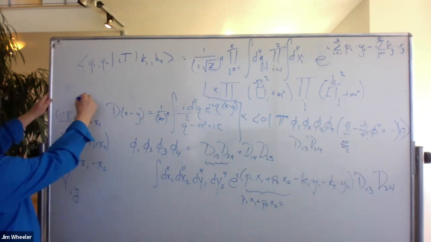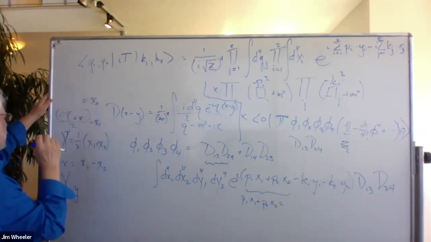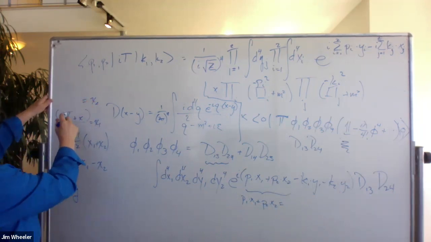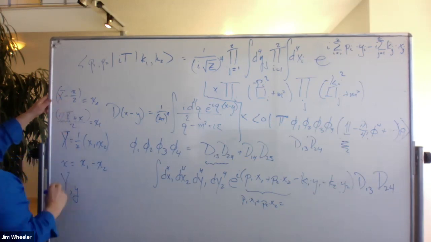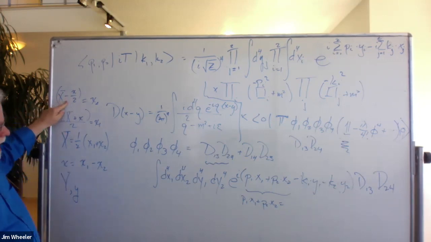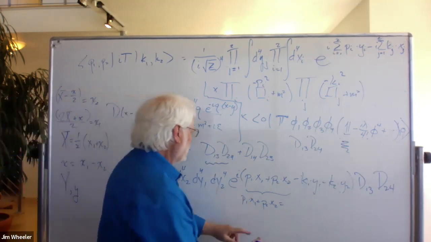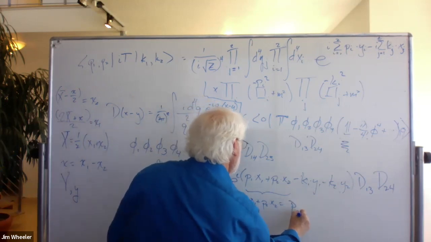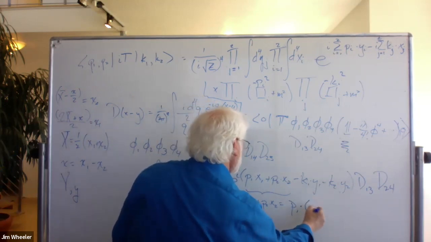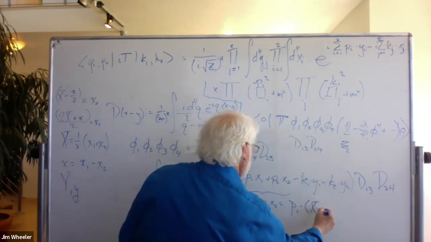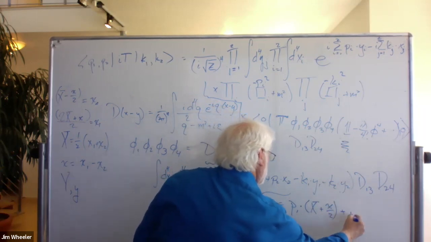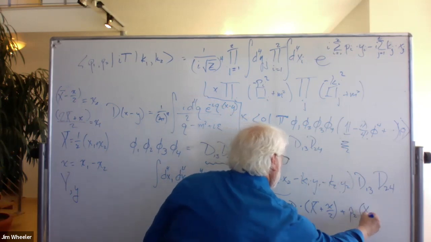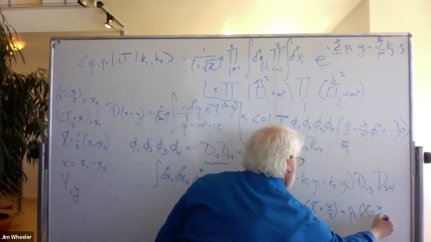And to solve for x2, I just take the difference, capital X minus little x over 2. So I can replace all the x1 and x2 by these things. So I have p1 dotted in, where x1 is capital X plus little x over 2, and p2 with capital X minus little x over 2.